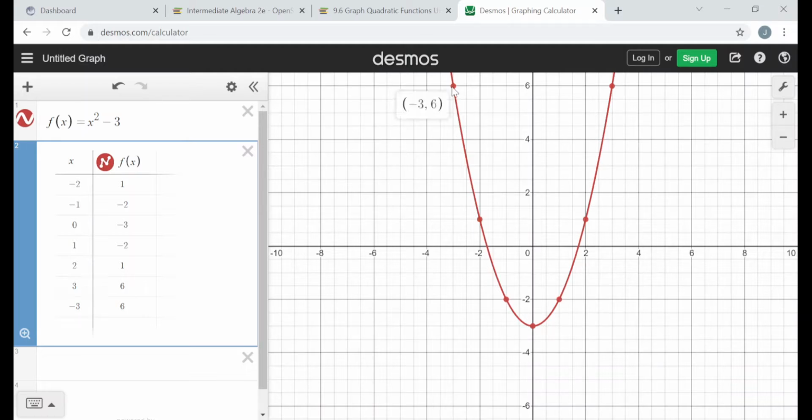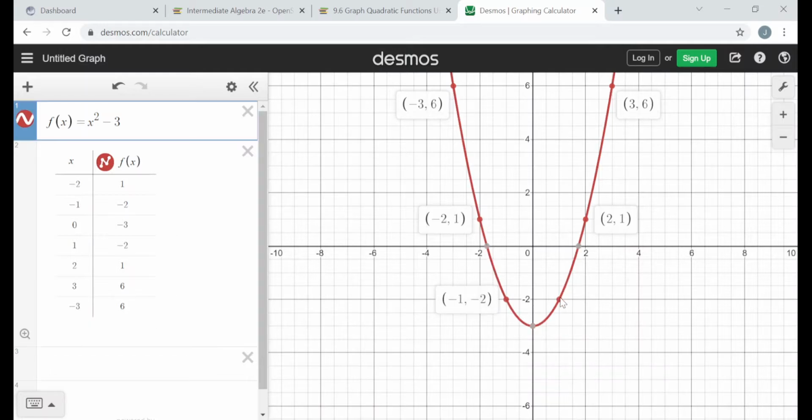So there's -3, 6, there's 3, 6, there's 2, 1, there's -2, 1, -1, -2, 1, -2. Yeah, 0, -3. I don't know why that's not showing up, but yeah.